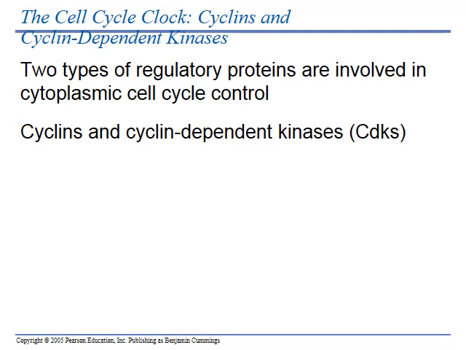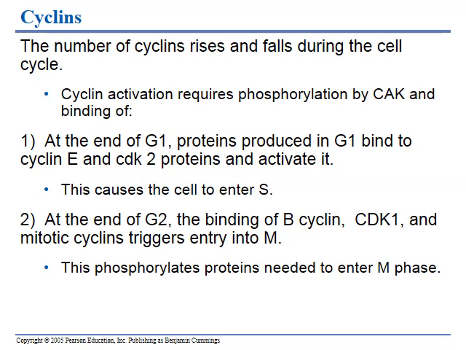So when the cell is going to move into mitosis, you will find more cyclins. They then activate these kinases. Because the kinases depend on them, and remember, they just add a phosphate group, phosphorylate something, they're called cyclin-dependent kinases. They are controlled by the cyclins, which will fluctuate with the cycle of the cell. Okay, so the number of cyclins rises and falls during the cell cycle.